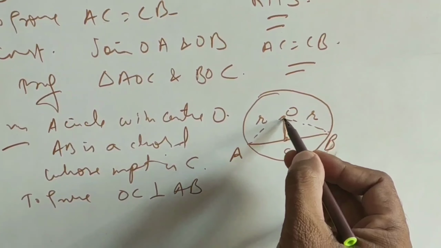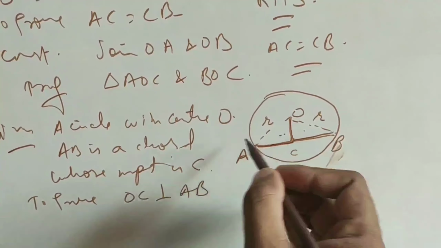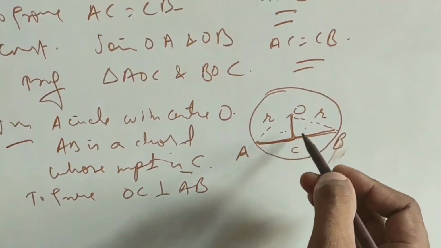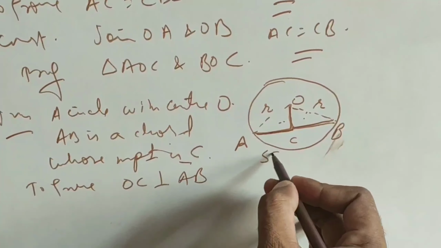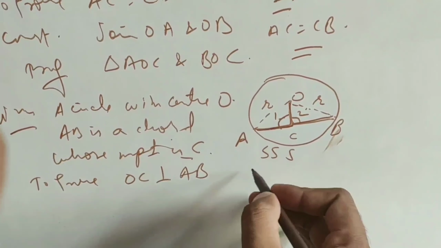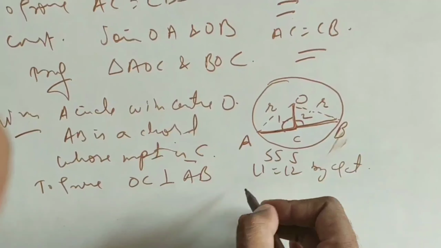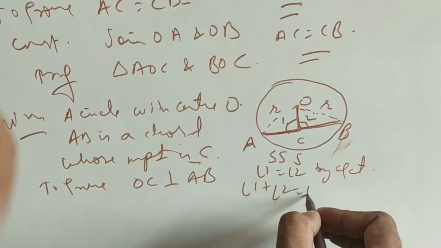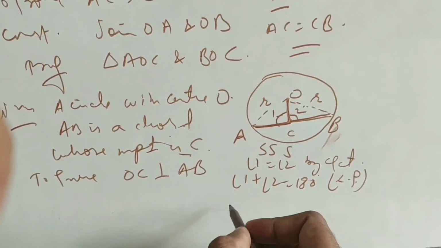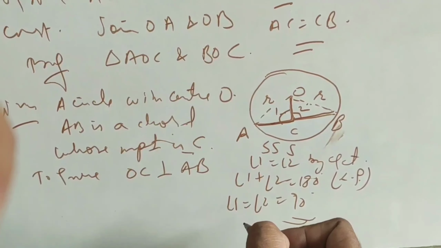This part OC is common to both the triangles, and AC equal to CB is given because the midpoint of AB is C. Now these two triangles are congruent by SSS, so angle 1 and angle 2 will be equal by CPCT, and angle 1 plus angle 2 is 180 degrees, because they form a linear pair. And if they form a linear pair, then each angle is equal to 90 degrees.